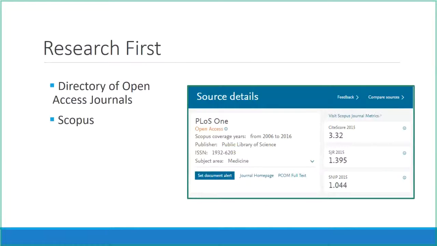The second place you could go is Scopus. So Scopus just has lists of sources, and they give you information about open access journals. You could search for a specific journal, or just for open access journals in a field, and then they give you metrics.